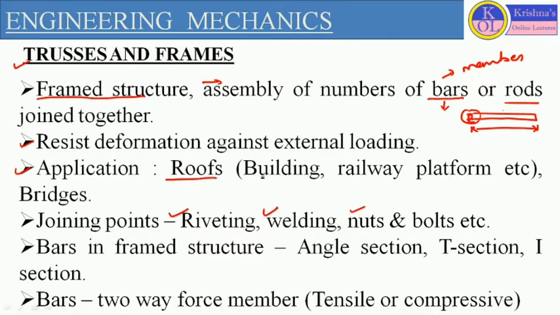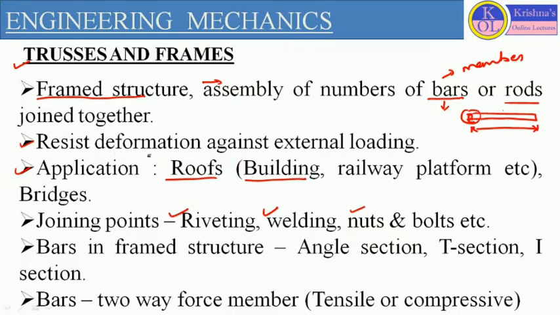If you have seen different types of buildings, normal buildings, residential buildings, buildings of the railway platform, industrial buildings, workshops, etc., every building has a roof, and roofs are subjected to a number of loads, and those loads are the main cause of deformation.